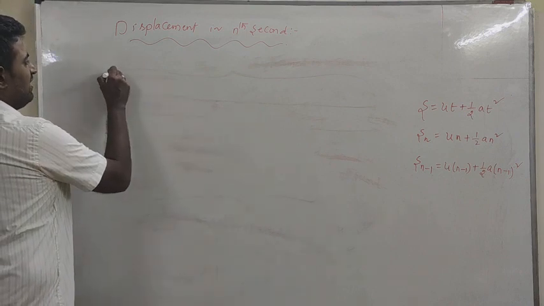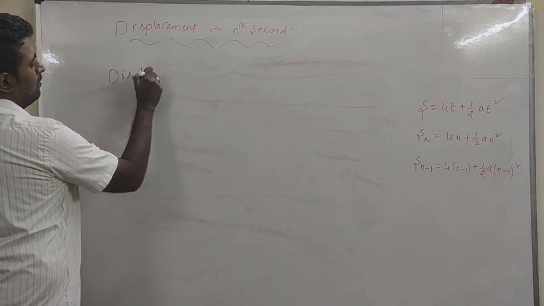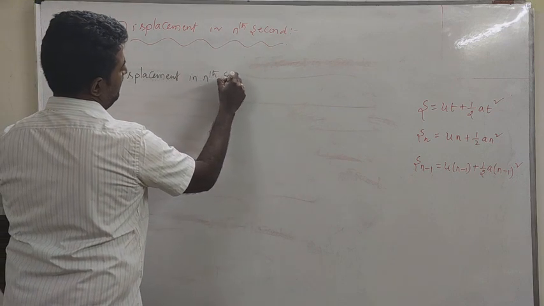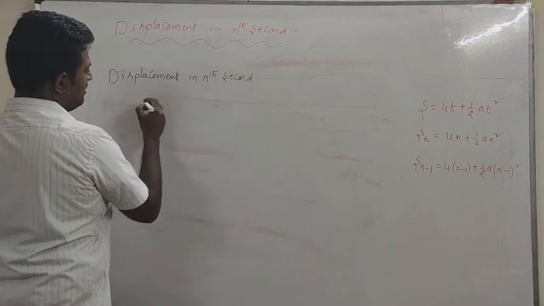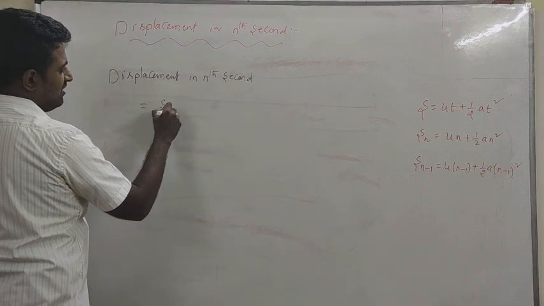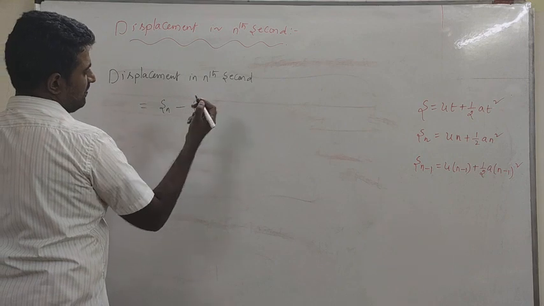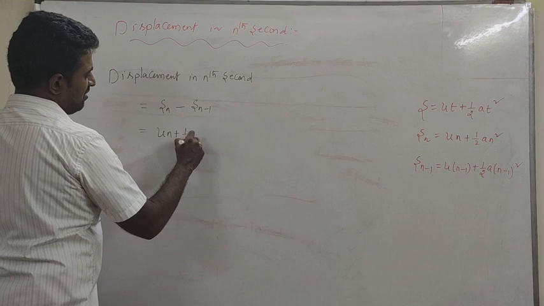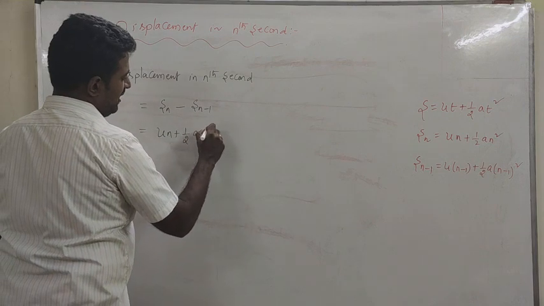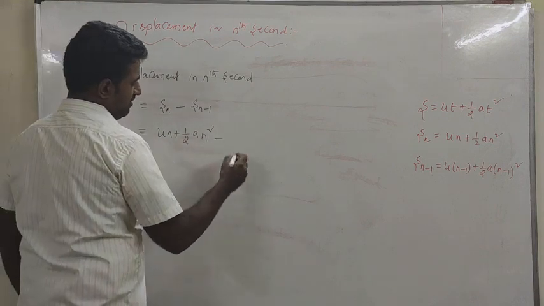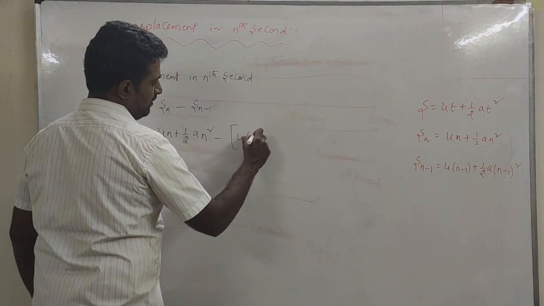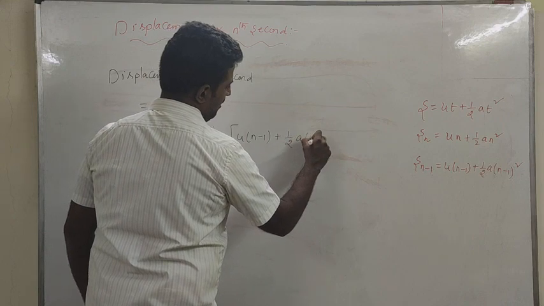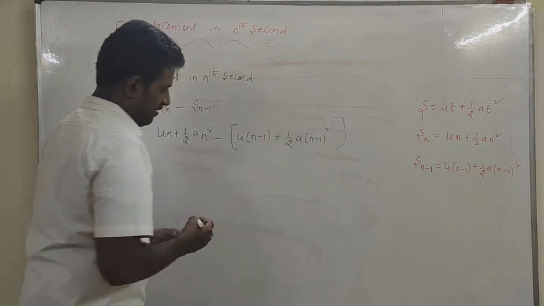So displacement in nth second will be total displacement in n seconds minus displacement in n minus 1 seconds, that is Sn minus Sn minus 1, which will be equal to un plus half a n square minus u into n minus 1 plus half a into n minus 1 whole square.